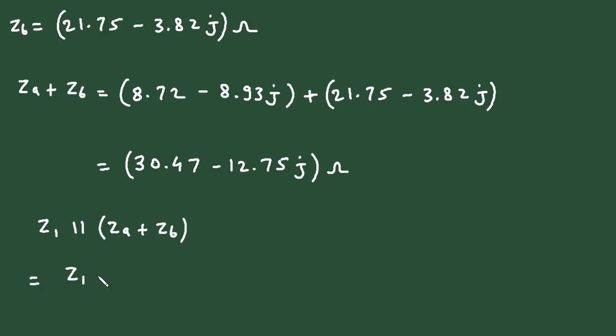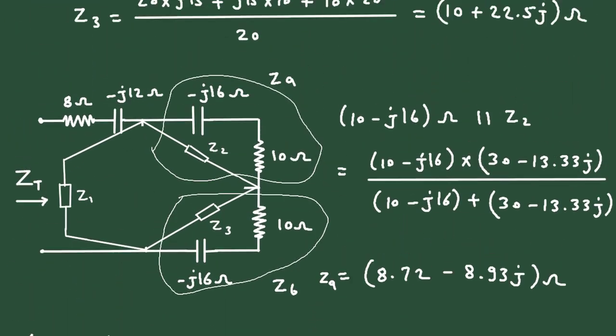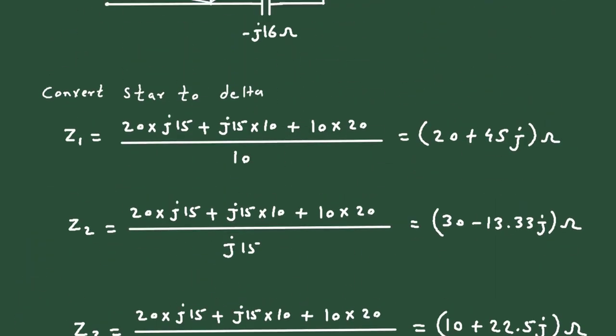It is equal to Z1 into ZA plus ZB divided by Z1 plus ZA plus ZB. Now let's put all these values. So Z1 value is this much.